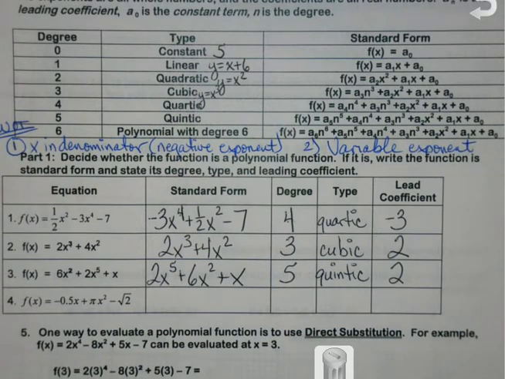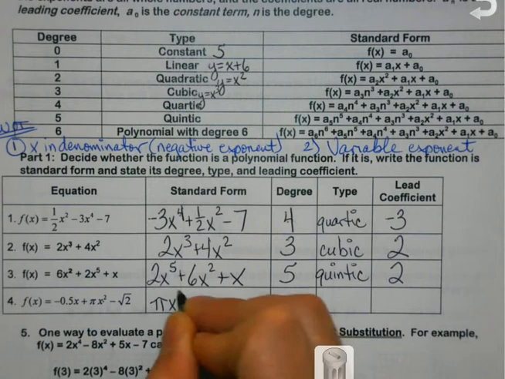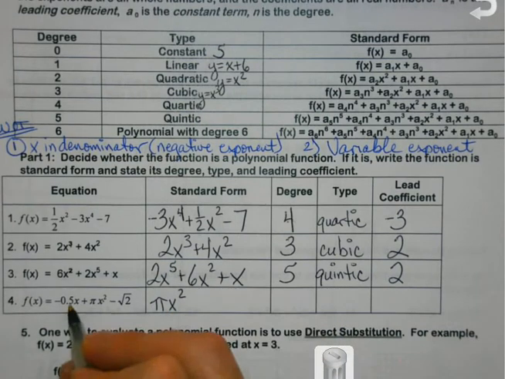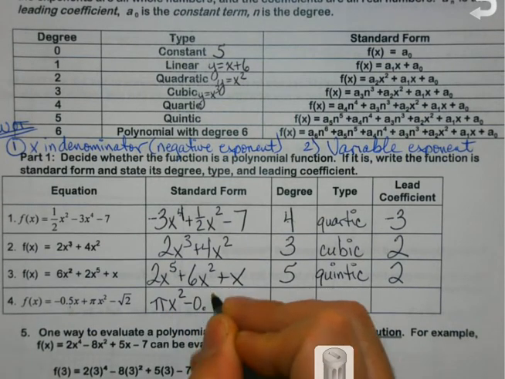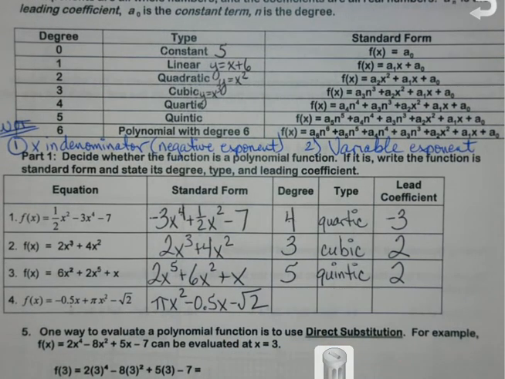Now don't let number 4, the fact that I'm throwing weird things like radicals and pi in there, mess you up. Keep doing the same thing. Biggest exponent, first term. Next biggest, -0.5. Next term, my constants are square root 2. That's right.